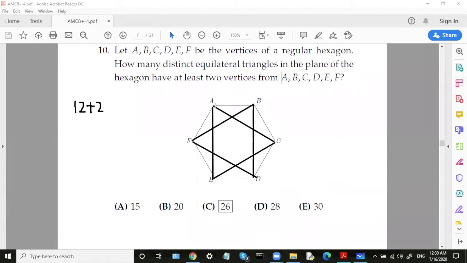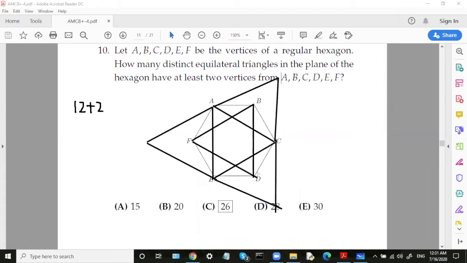And we also can construct triangles using AC, like this one, and use AE, like this, and use EC, and FB, FD, and BD.